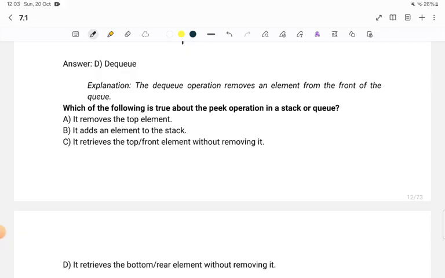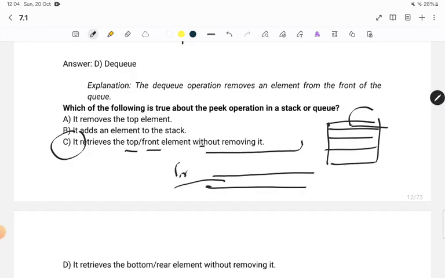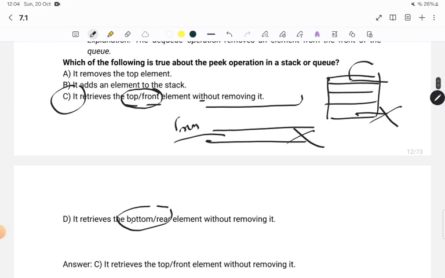So this is the correct answer. See, top or front. In case of a stack, from where do we remove the element? From the top. In case of queue, from where do we remove the element? From front. So this is the correct answer, not this. Not from here, not from here. So bottom and rear will not be the answer.